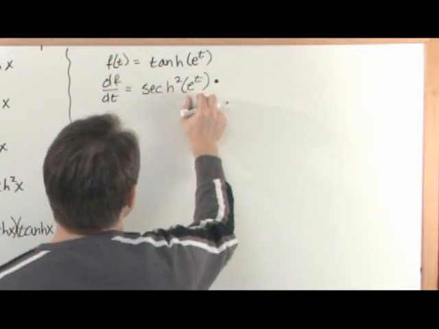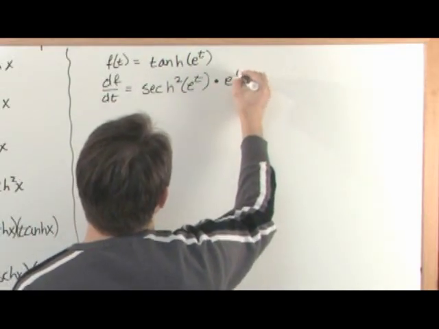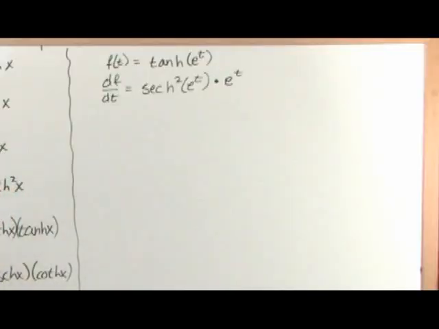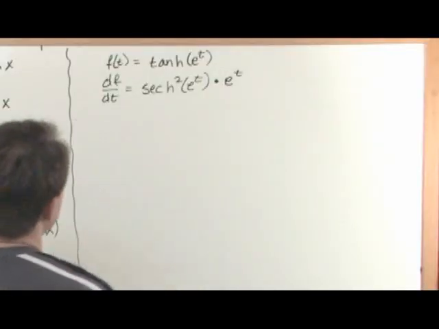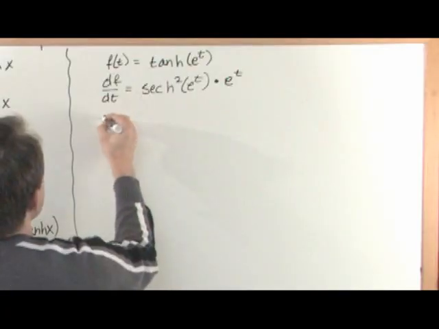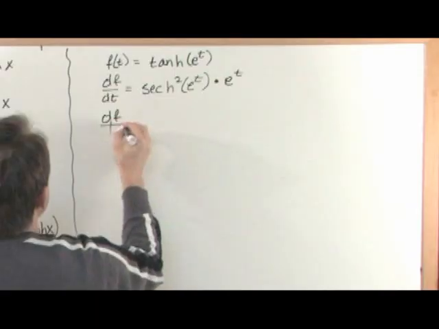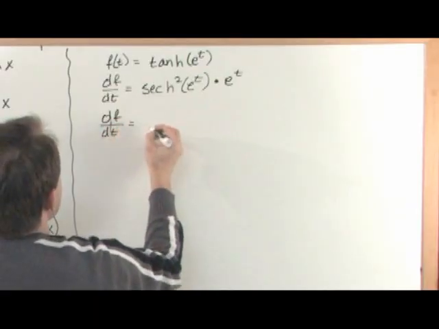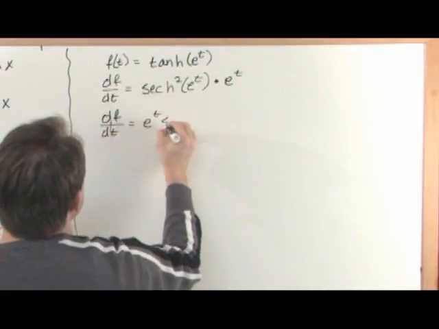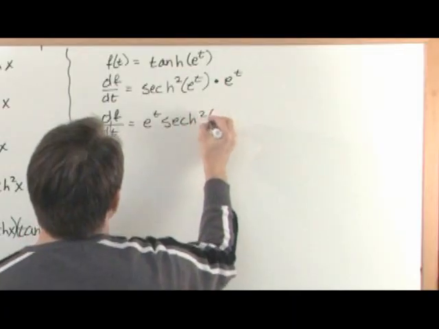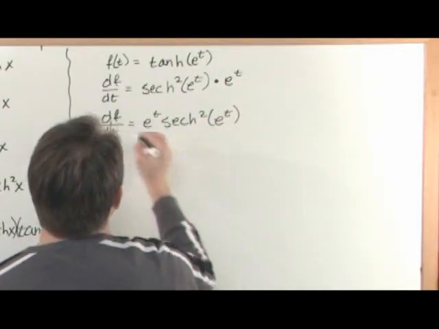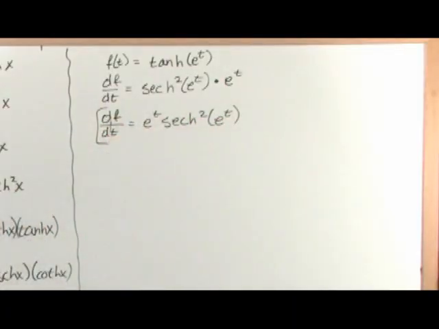The derivative of e to the t, you should know from your basic calculus, is simply e to the t. The exponential function is the indestructible function. You keep taking the derivative of it over and over again, and it never dies. So you just leave it there. So df dt is e to the t hyperbolic secant squared of e to the t. That would be the answer.